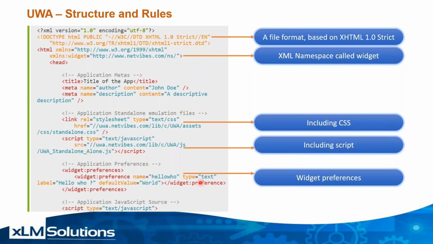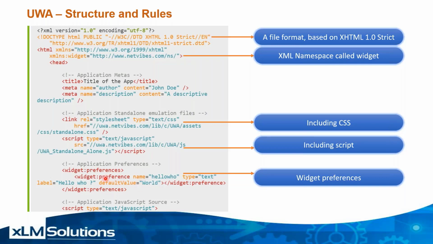We can find this in our web apps folder. These are some widget preferences, where they have tried to add some widget preferences, and the default value is world. Then you write the script tags, and the widget coding actually begins after this code. So this is the minimal stuff you need to add.